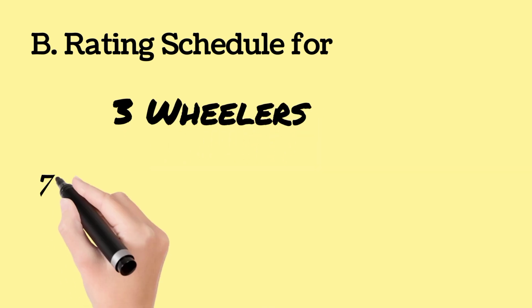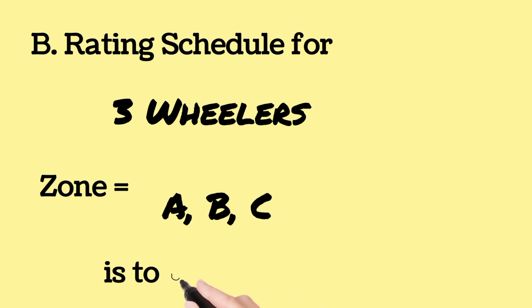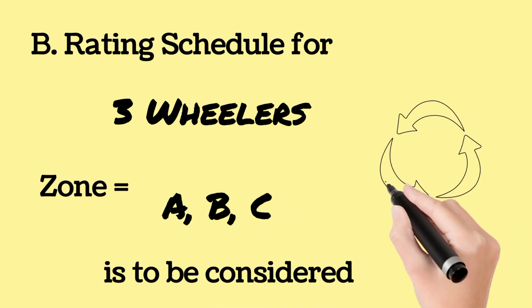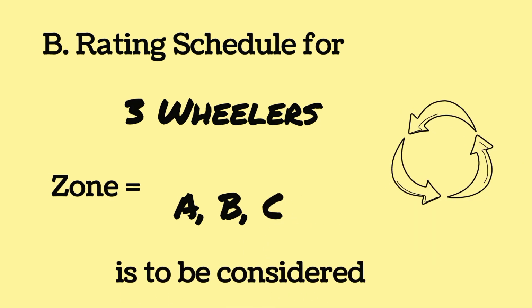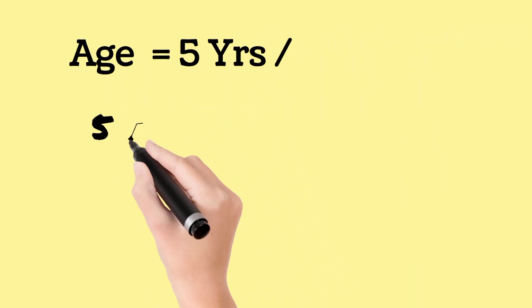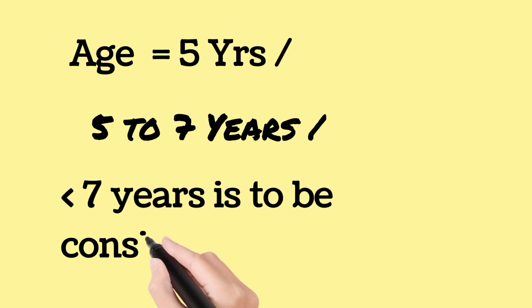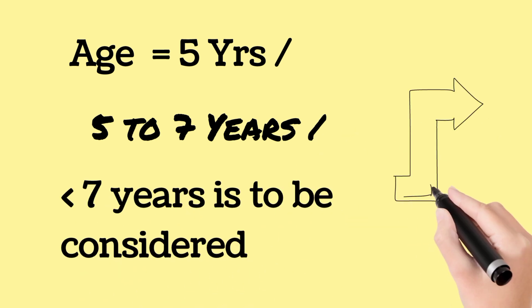Rating schedule for 3 wheelers zone A, B, C is to be considered. Age up to 5 years, 5 to 7 years and more than 7 years is to be considered.